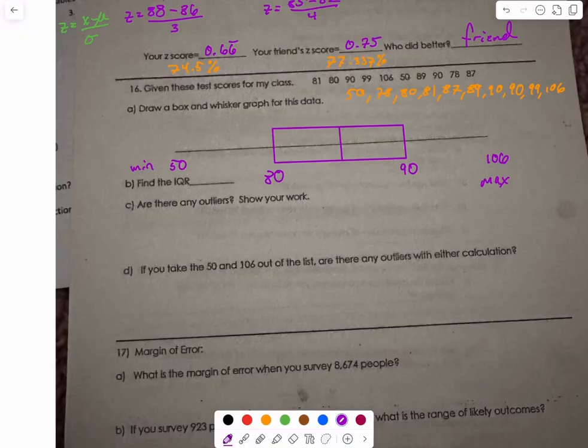I'm going to put a star next to that one. But they might be getting something different because they're considering outliers like the 50 and the 106 to be outliers.